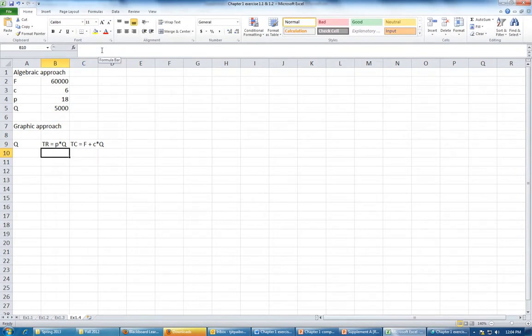Now let's set up the formula. Total revenue equals sale price $18 times Q, and total cost is equivalent to fixed cost 60,000 plus C times Q, 6 times Q.